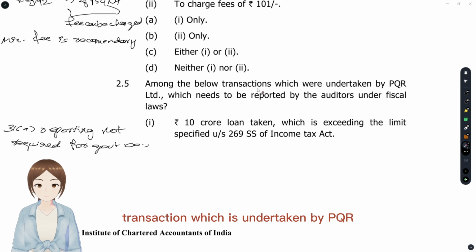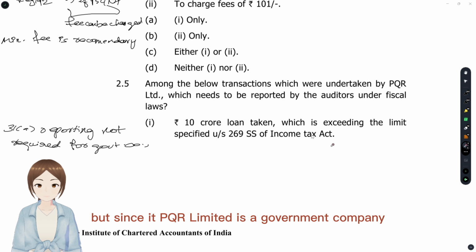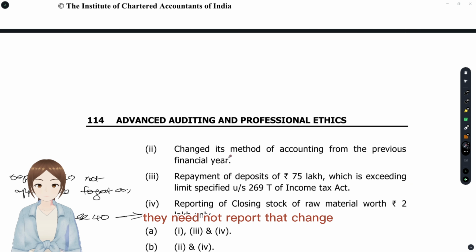Among the below transactions undertaken by PQR, which needs to be reported under clause 44? Okay, they have taken a 10 CR loan exceeding the limit of 269SS. This has to be reported under clause 31A, but since PQR Limited is a government company, they need not report that.